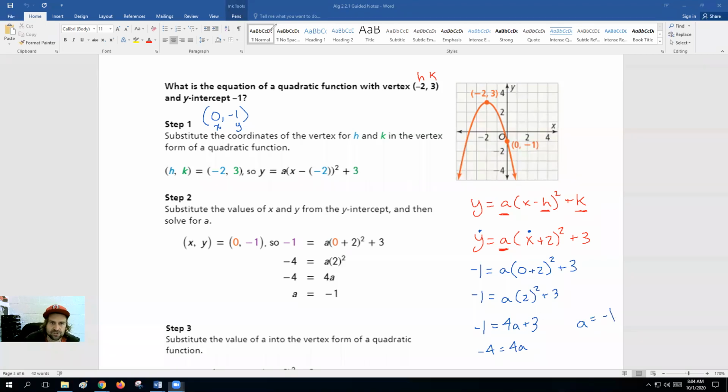So the equation that has this vertex and goes through the y-intercept at -1 would be plugging in our a, h, and k. y equals a, which is -1, times (x minus h), where h is -2, so it becomes plus 2. On the CYUs, you would put minus -2, and then plus k, which is 3. And so there's your answer.